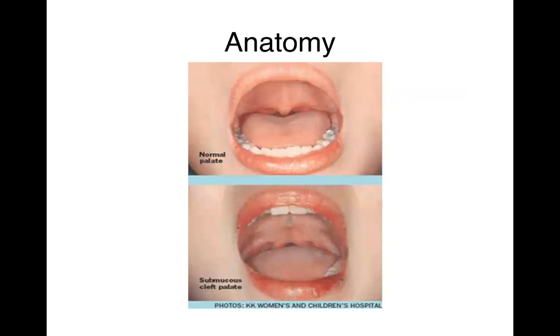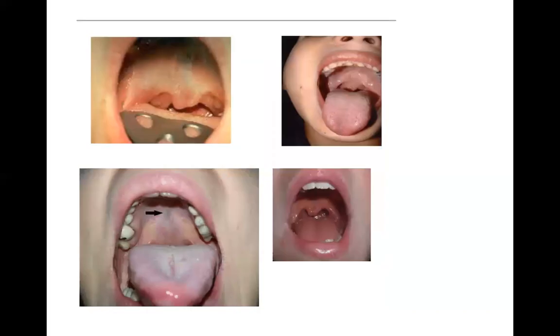And I have some photographs here just to show you again. You can see the normal palate at the top, and then you can see the submucous cleft palate, and hopefully you can see that zona pellucida in the middle of the soft palate there, and also the bifid uvula. I've got a few other photographs here as well. In the top left you can see the bifid uvula.